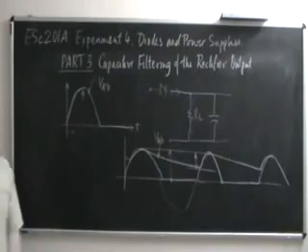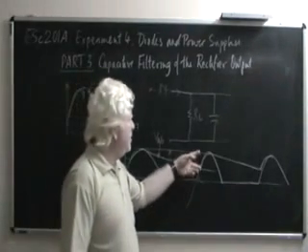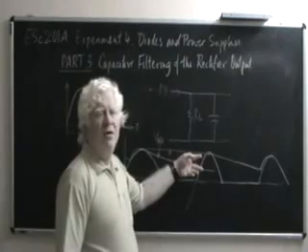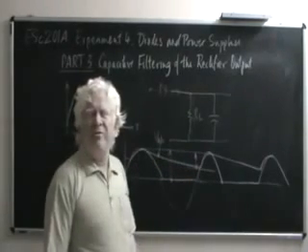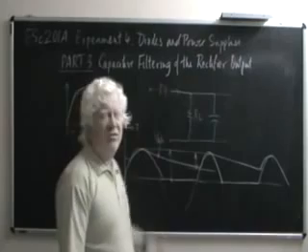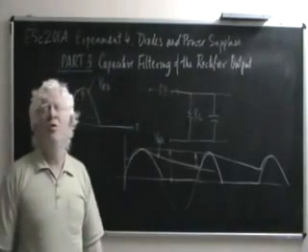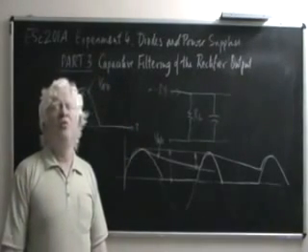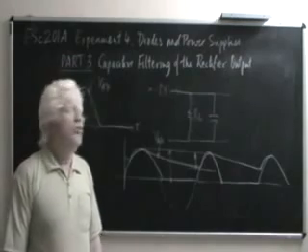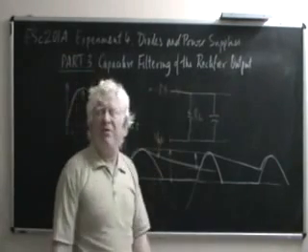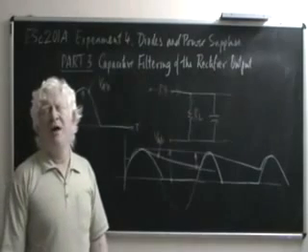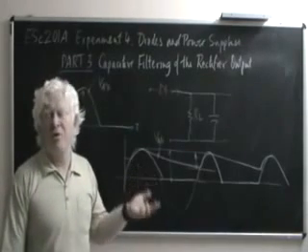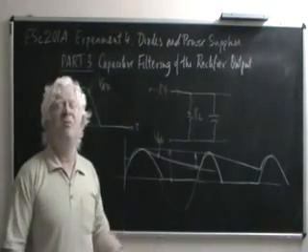Clearly, if you want to reduce further the peak to peak range of the output voltage, either you have to increase the load resistance, which is not something that you would want to restrict. You would like the load to be whatever it wants to be. So what you would do is put a larger capacitance. And when you put a larger capacitance, it would discharge more slowly because it has more charge capacity.